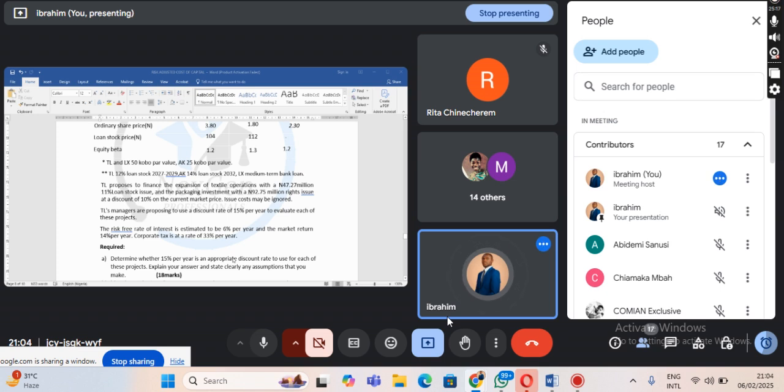Look at the requirement: determine whether 15% per year is an appropriate discount rate to use for each of these projects. So they have two projects, and you need to determine the discount rates that you will use to discount the two projects.